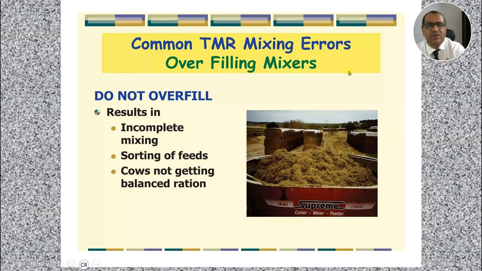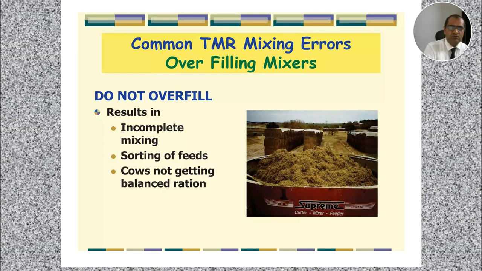Then common TMR mixing errors are always there. Always we have to have a cutter, mixer, then feeder. This type of mixer should never be overfilled, which results in incomplete mixing, sorting of the feeds and cows not getting the balanced ration.